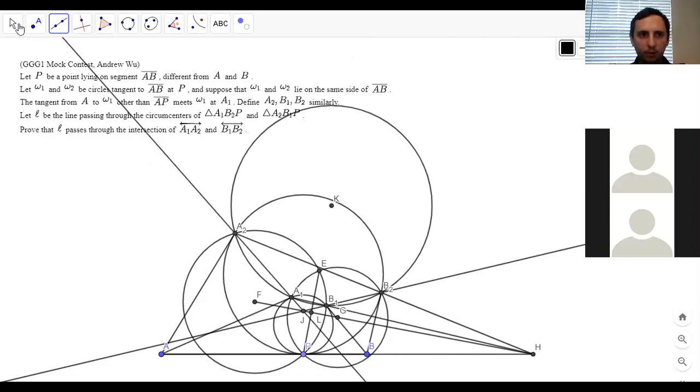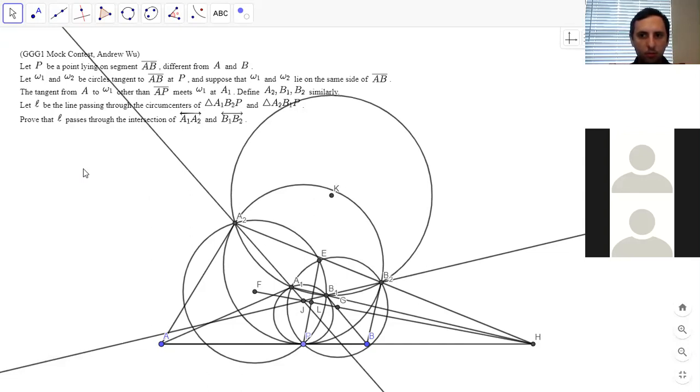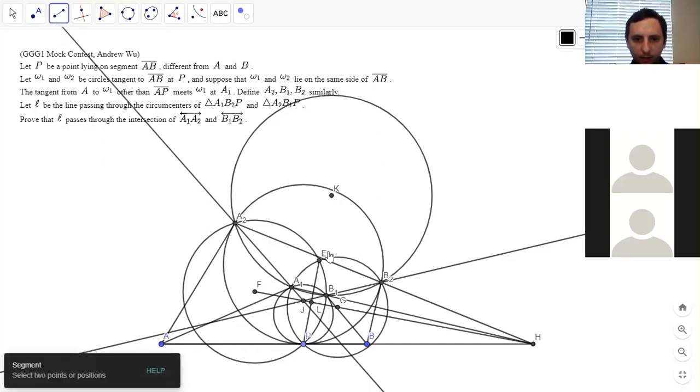Let's spend about five more minutes on this one. Do we know that P, E and K are collinear?